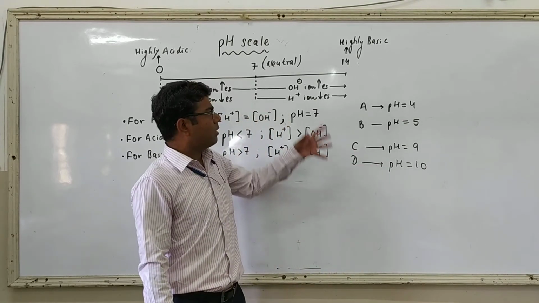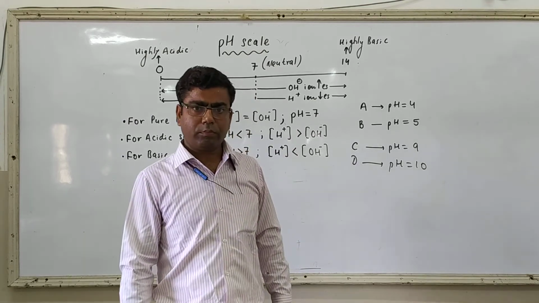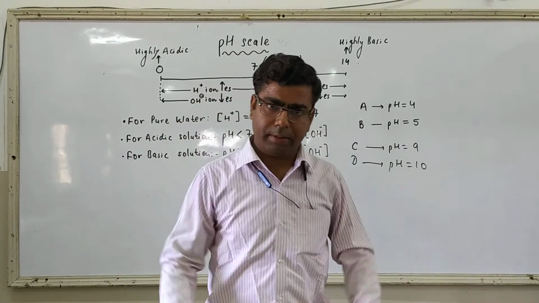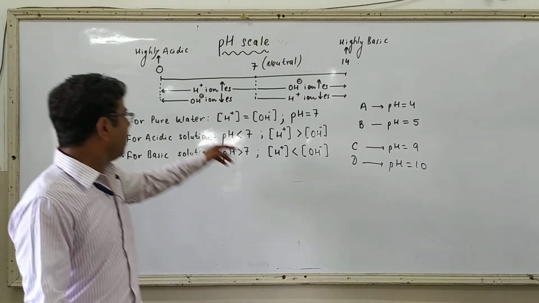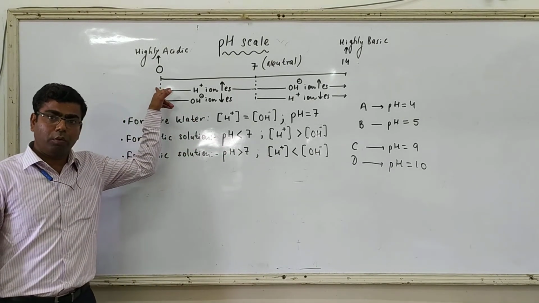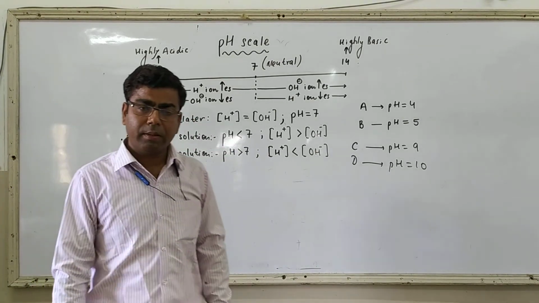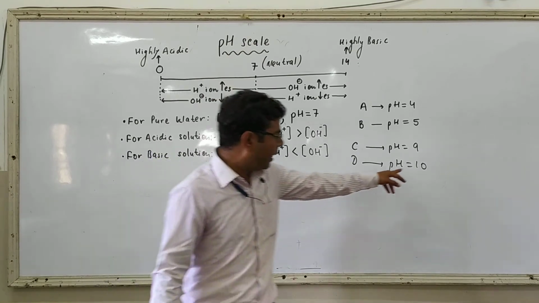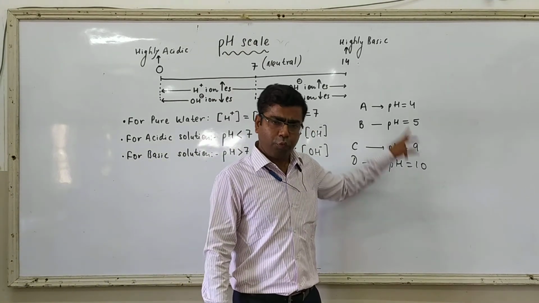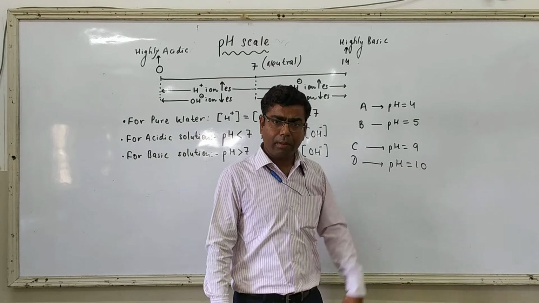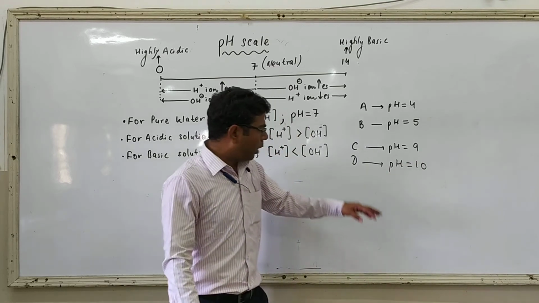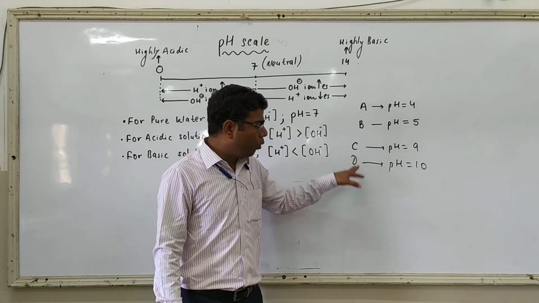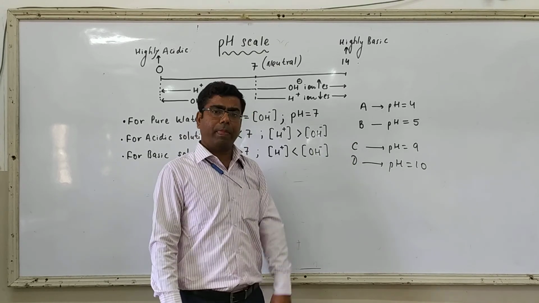The value which is more closer to 14 will be more basic. Similarly here, the value which is more closer to 0 will be more acidic. So 10 is more closer to 14 in comparison to 9. So solution D will be more basic than solution C.